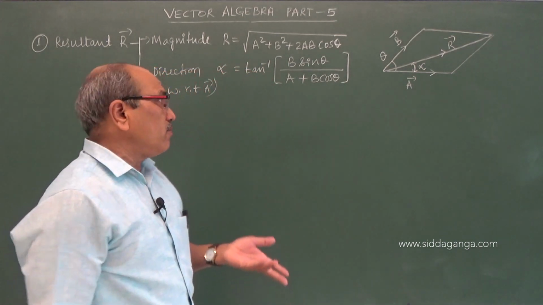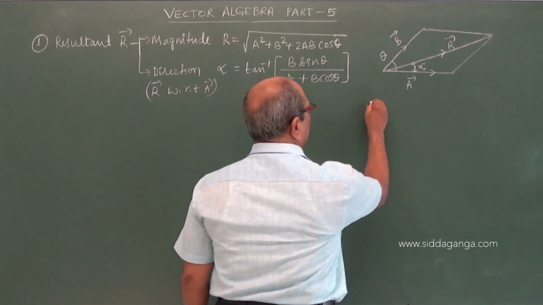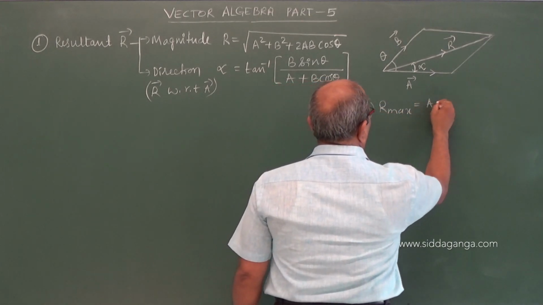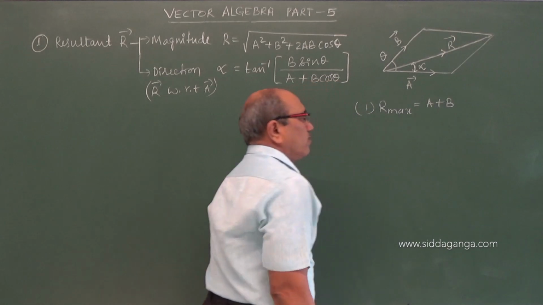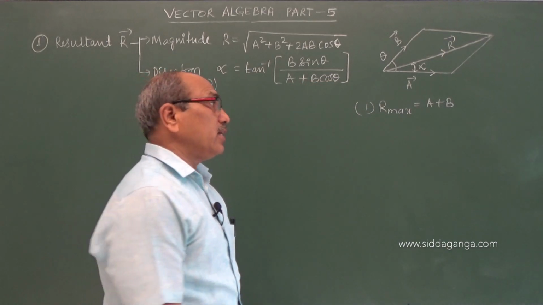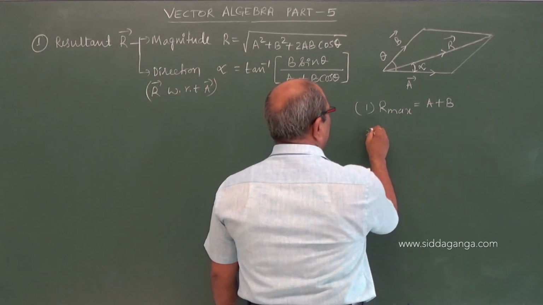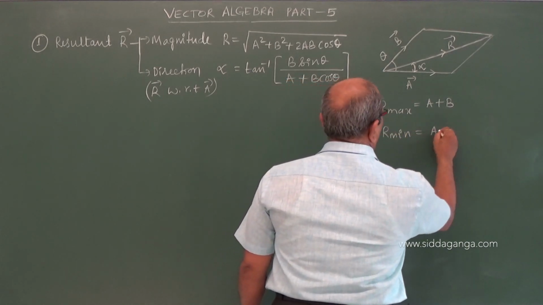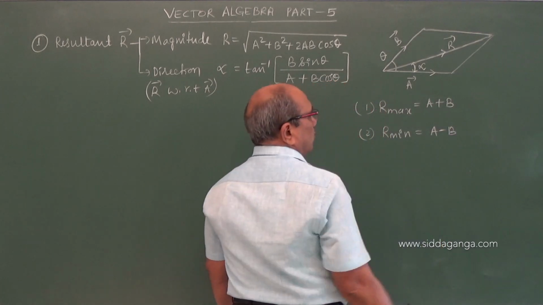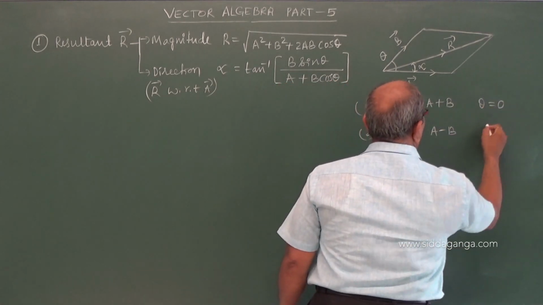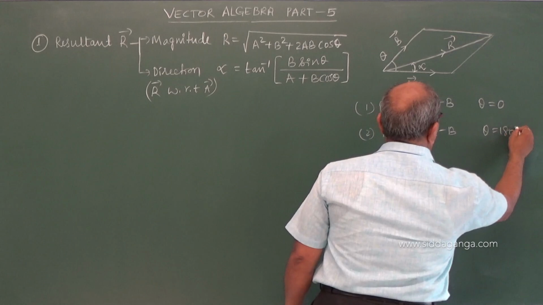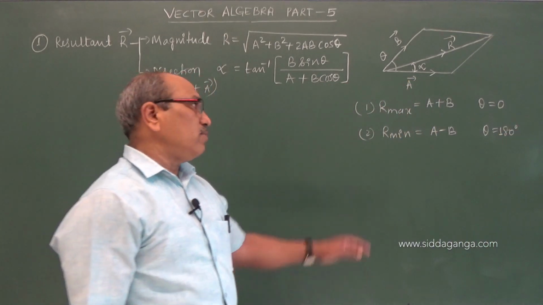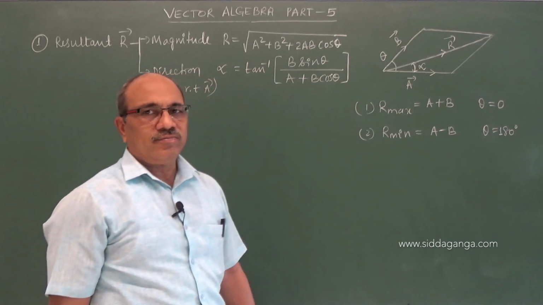The maximum, we got one relation, R maximum equals A plus B, when both are acting in the same direction. Second, we also got R minimum equals A minus B, when theta is 0, or here theta equals 180 degrees. Maximum value of resultant and minimum value of resultant.